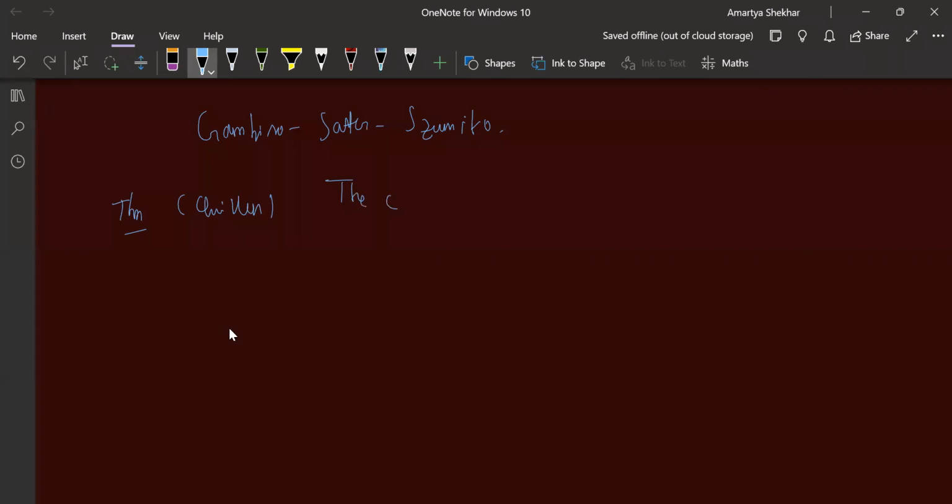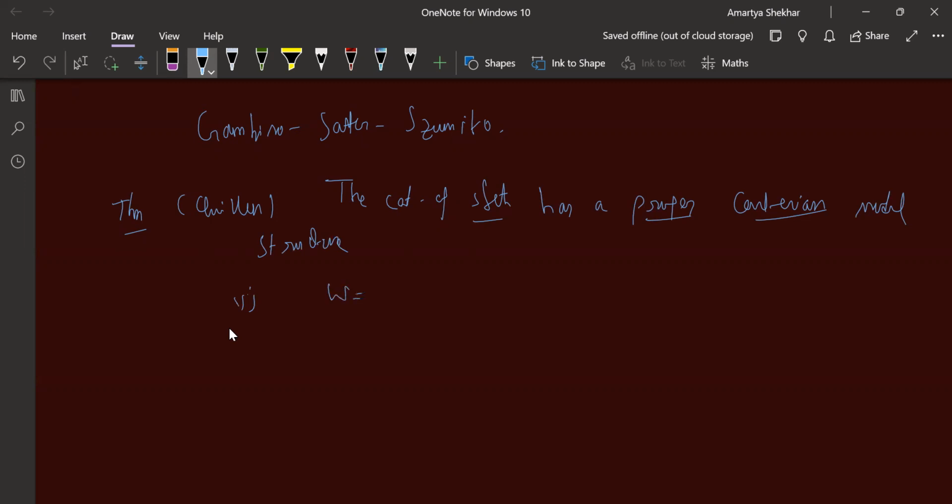The category of simplicial sets. This is my notation for the category of simplicial sets as a proper Cartesian model structure. This is something that I hope everybody is familiar with.